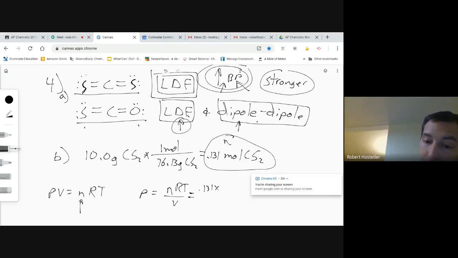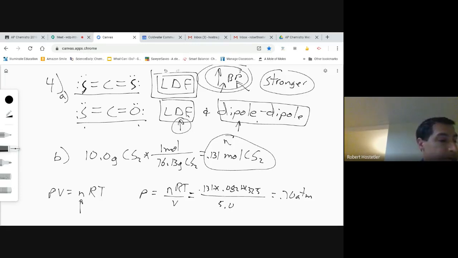We know our constant is 0.0821. We know the temperature is 325. And we know that the container is 5 liters. So you can use that to come up with your answer. It's supposed to be something like 0.7 atmospheres. That's how you can take care of part B.